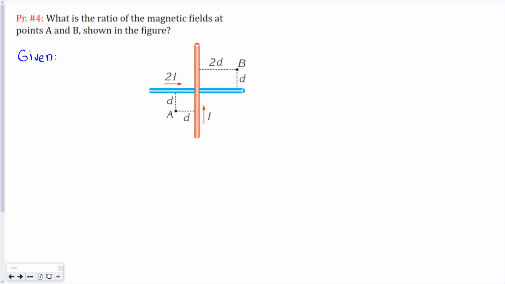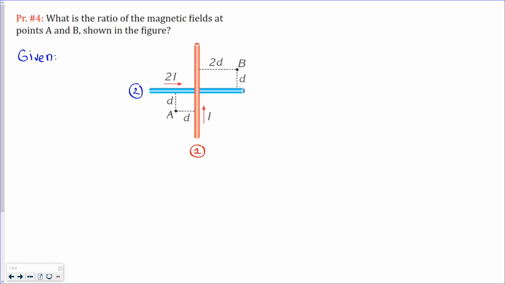We know now here the red wire will be the first wire, I will give the number 1, and the blue wire will be the second wire.